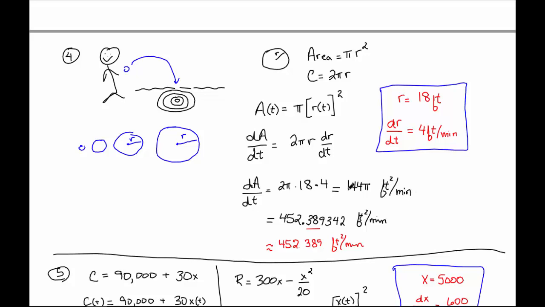It's square feet because it's an area. Now in this case, they were looking for a decimal answer rounded to 3 decimal places. So take 144 times pi, and to 3 decimal places I get 452.389.